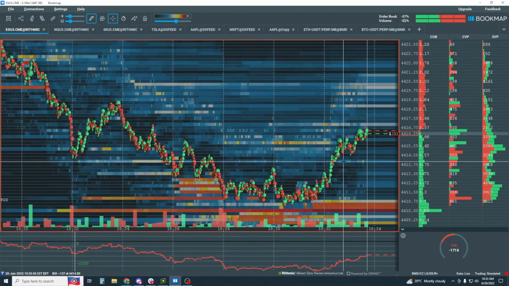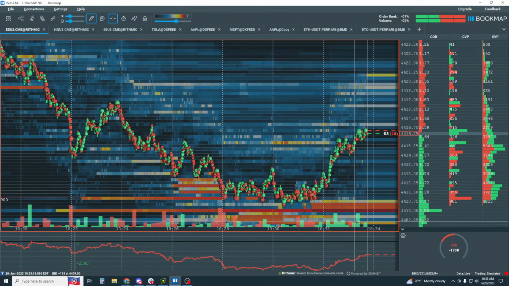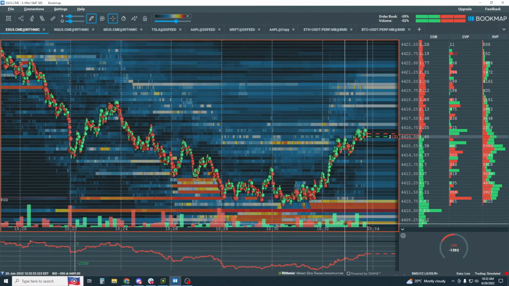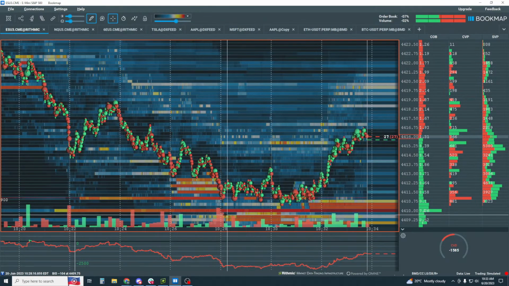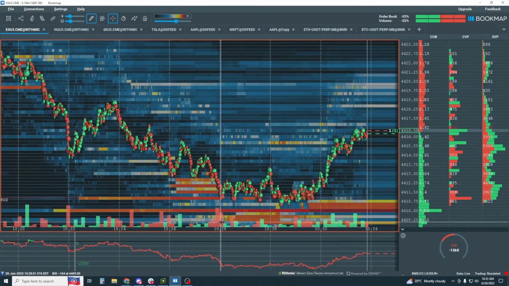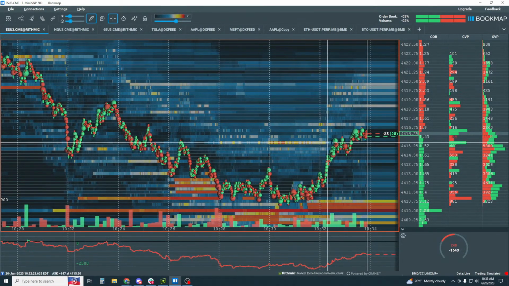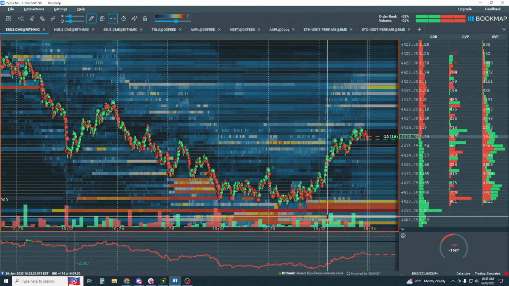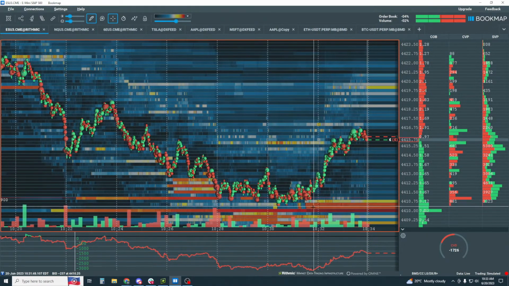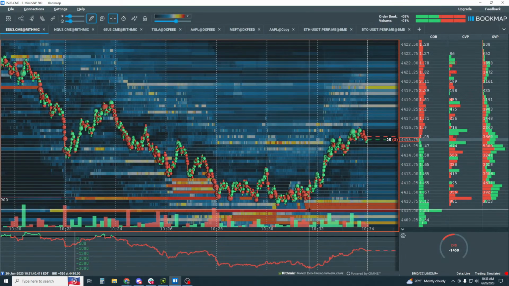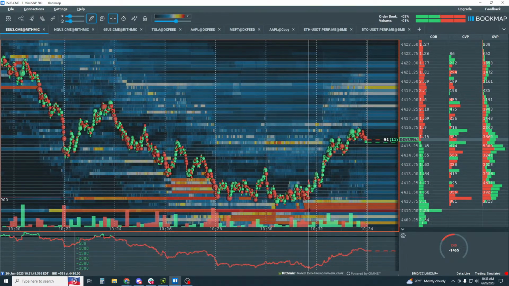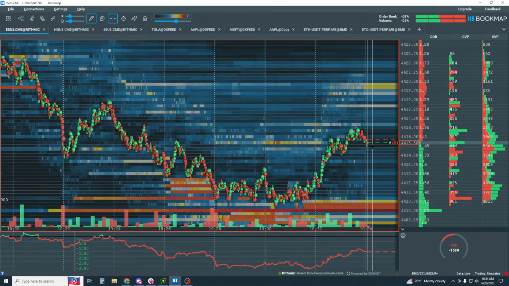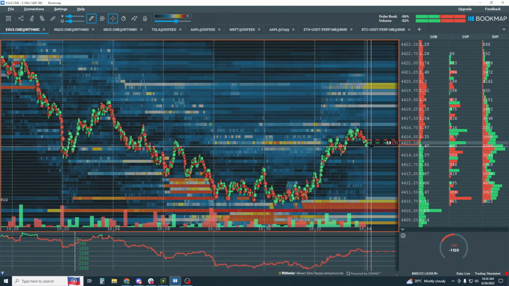Okay, now see how the buying is looking much better in this area here, and it kind of starts to equal this over here. That's a good sign. Okay, looks like we're going to get our pullback now.